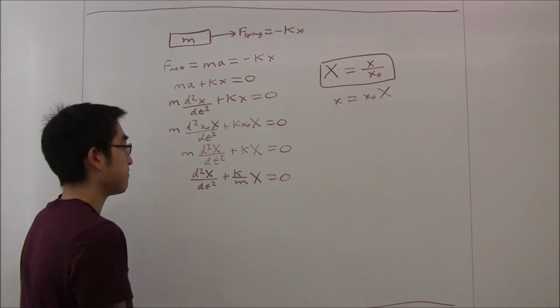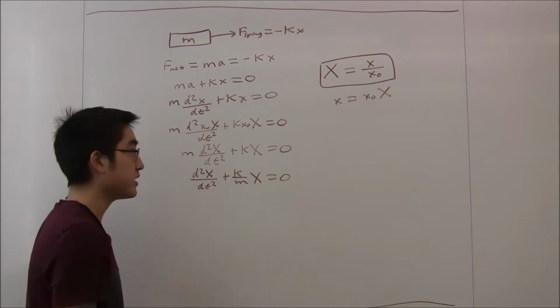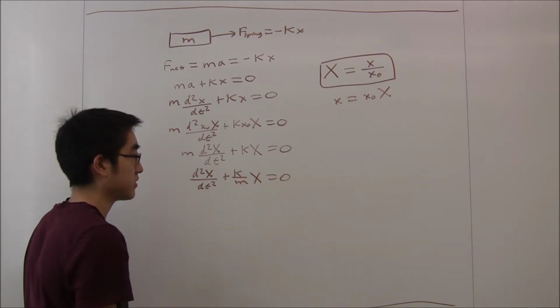Now we want to define a suitable dimensionless variable big T so that this k over m disappears.